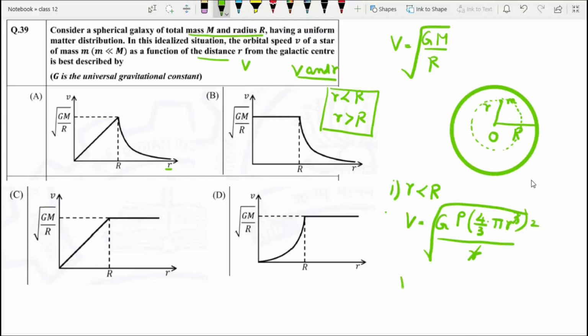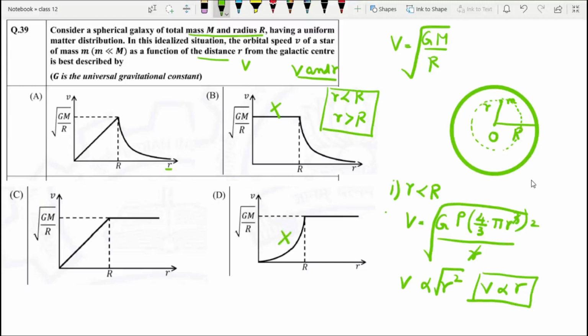So we can say velocity is proportional to the root of r square. So velocity is proportional to r. So velocity and the distance have a linear relationship. Now if you see option B, it says the velocity is constant inside the galaxy. So this is incorrect. And in option D, v and r don't have a linear relationship. So this is also incorrect.